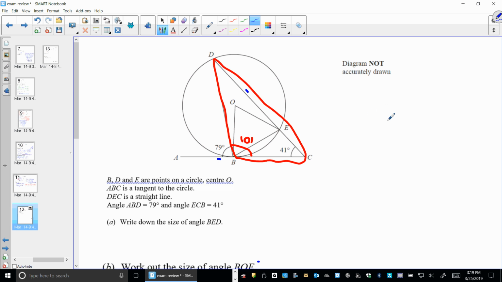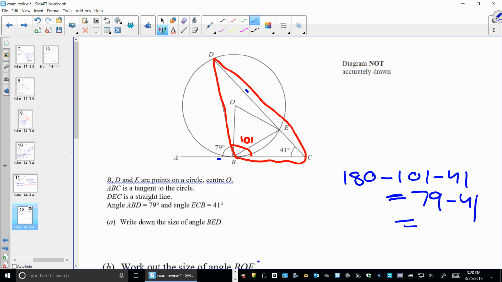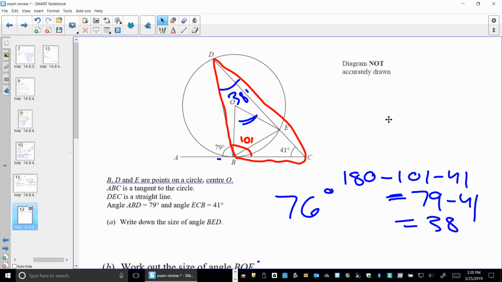Okay, that makes sense. So 180 minus 101 minus 41 to find that. You're doing good, Sabri. 79 minus 41 is 38. And then this is double that, so it's 76. Perfect. Well done, thank you.